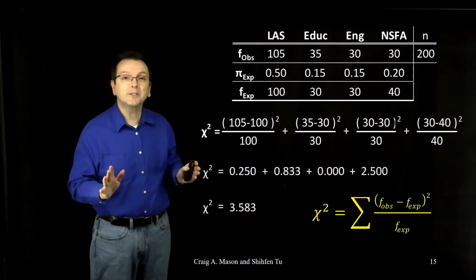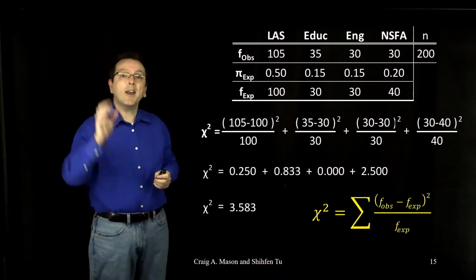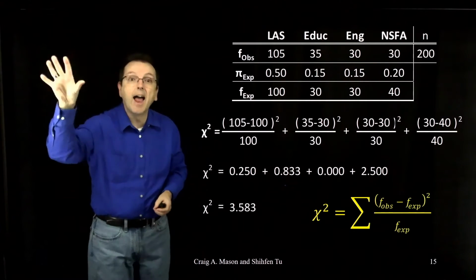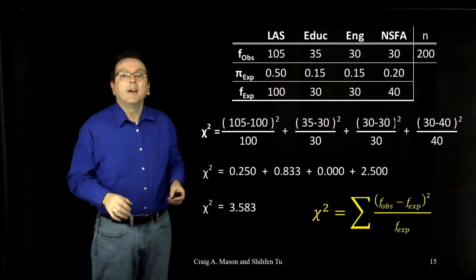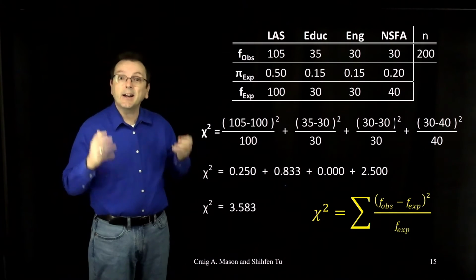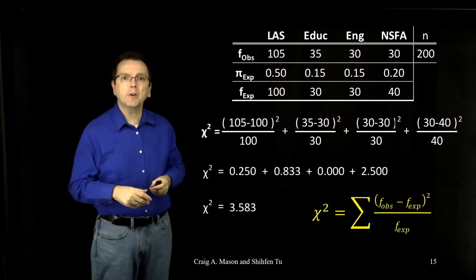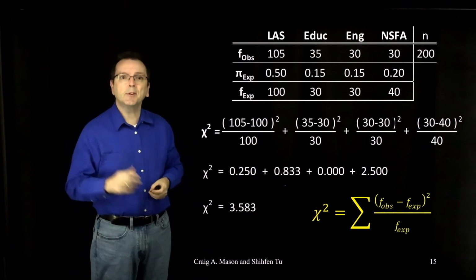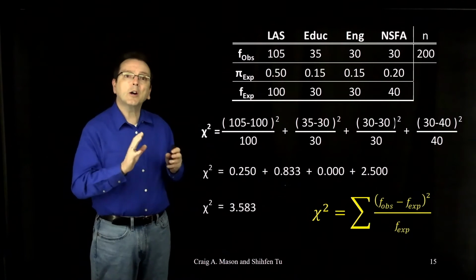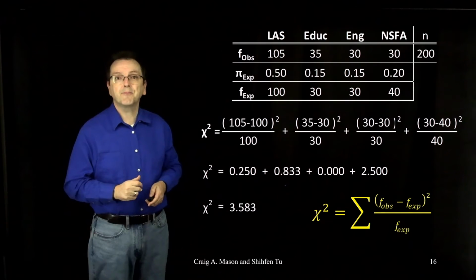Now, of course, just like all the other statistical tests, even if that population of students attending hockey games is exactly what we expected, we don't anticipate that our sample will be exactly what we expected. Random sampling variability will lead to some differences. But the larger the chi-square value, the more our groups don't have the expected number of cases.